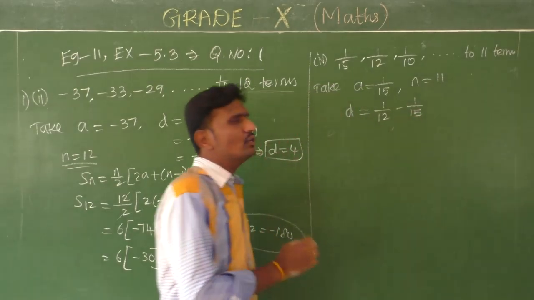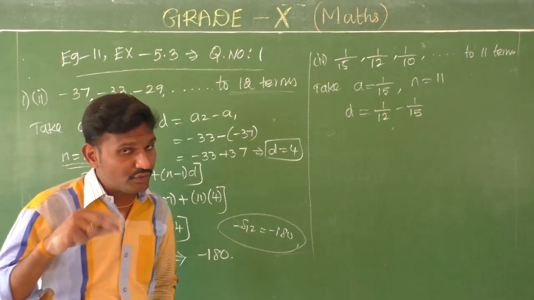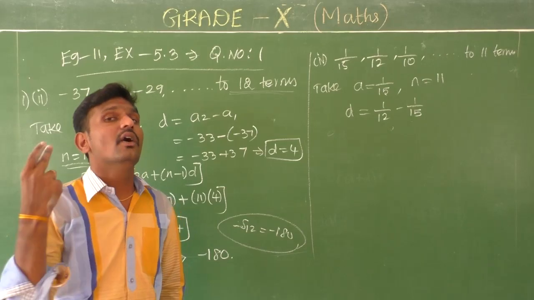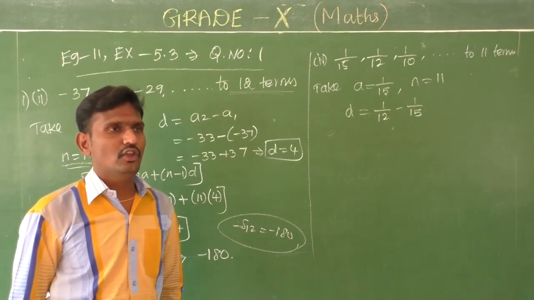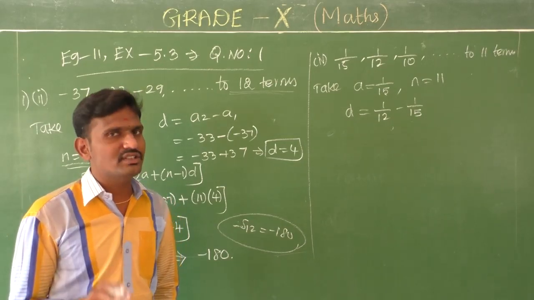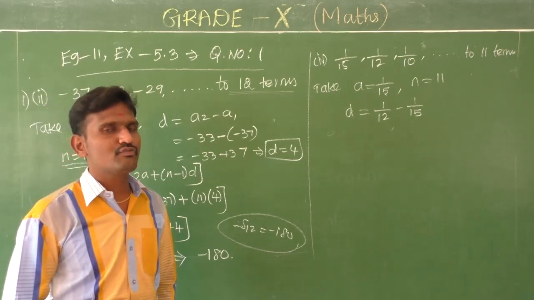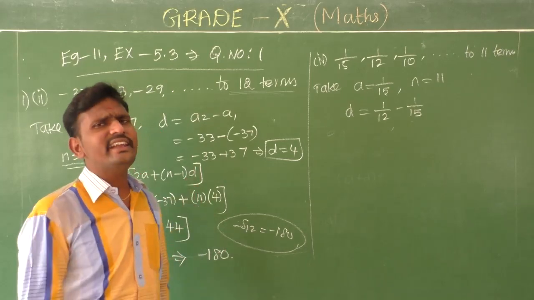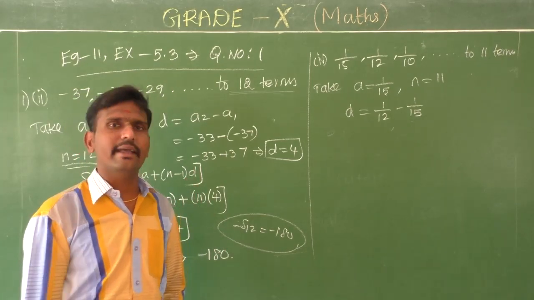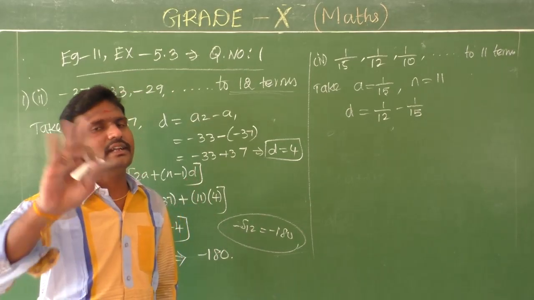Look at the denominators of the two fractions, 12 and 15. So you have two types of simplification. The first one is to take the LCM and find it, or otherwise simply take a cross multiplication and find the answer. Whichever, that is your wish.